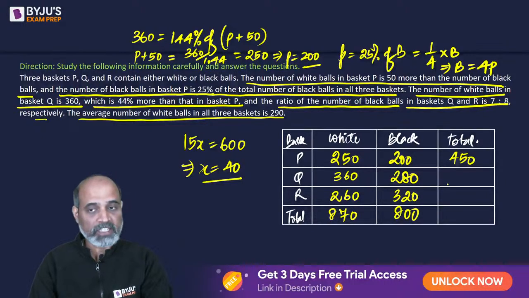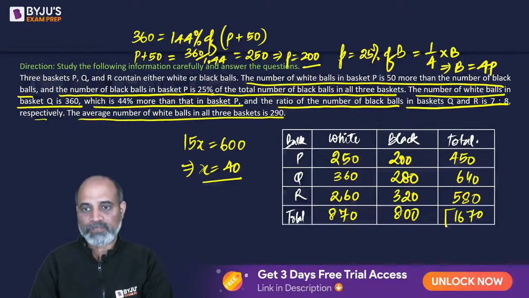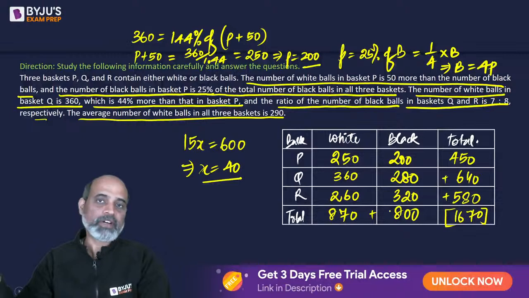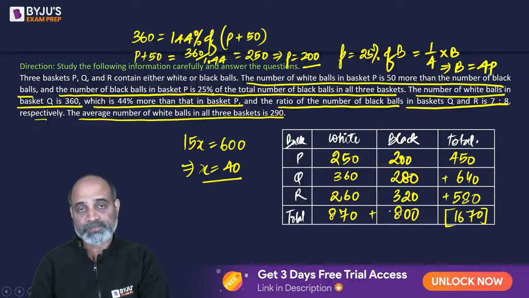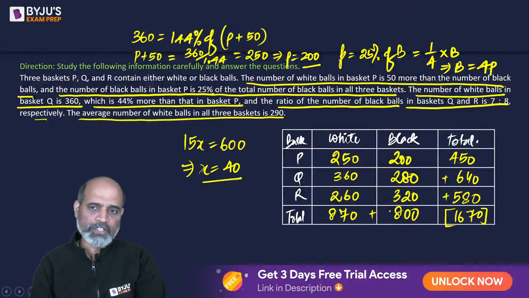Total number of balls in basket Q is going to be 640. Total number of balls in basket R is going to be 580. And overall, the total number of balls we will have is 1670. So whether you add all the values in this total column or whether you add all the values in the row part, either of these will give you 1670 only.